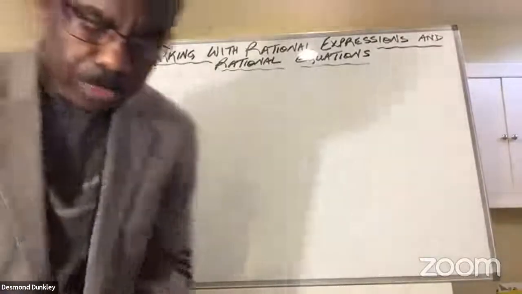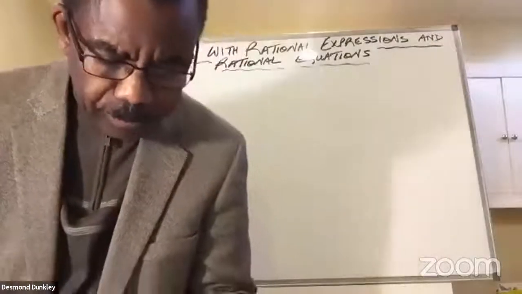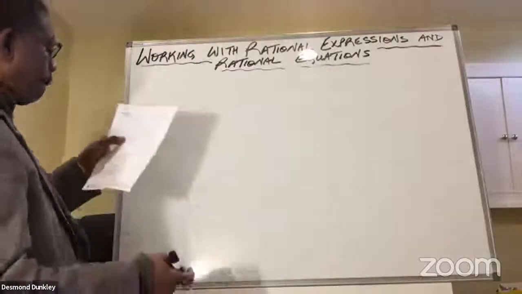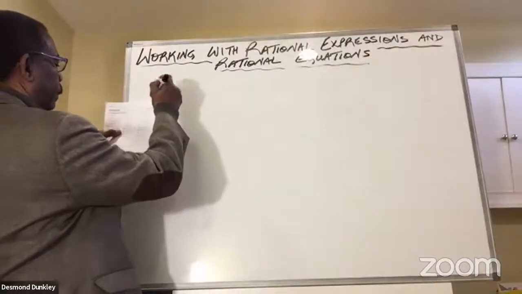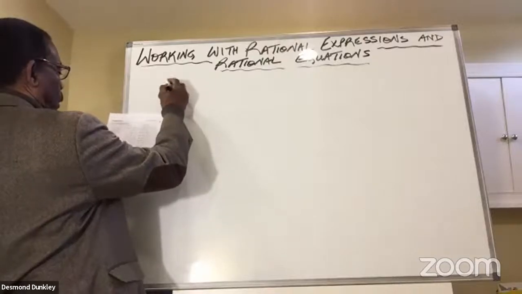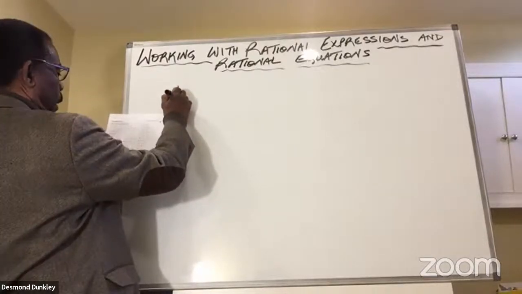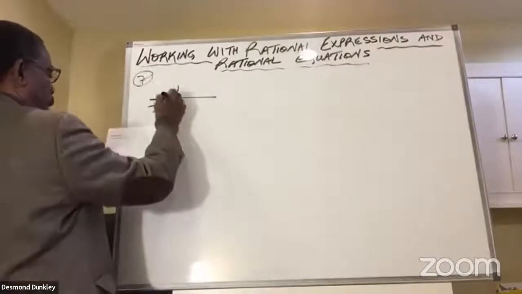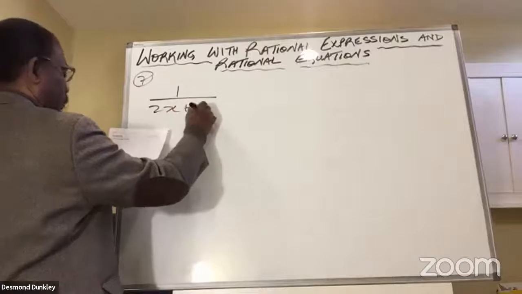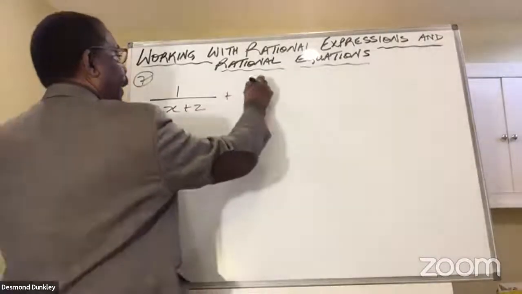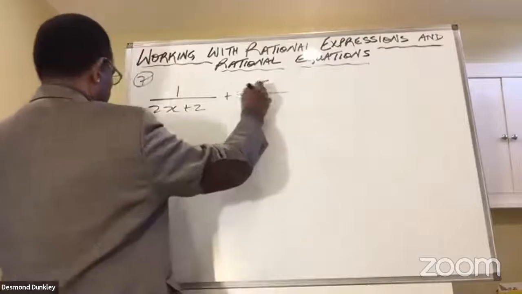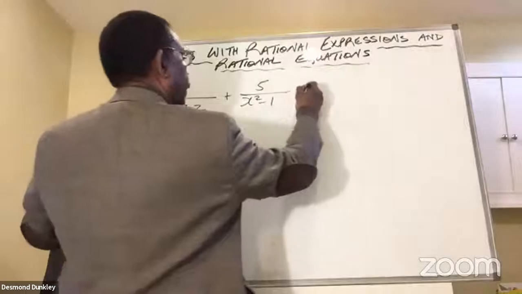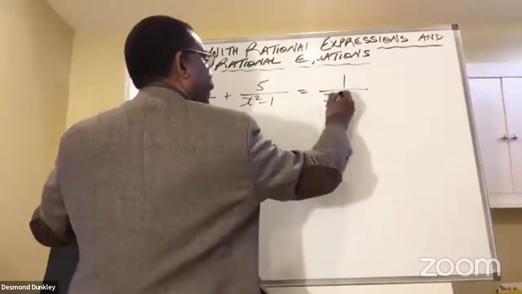Okay, I'm not sure what number we're on. Let's call it number 7. So let's go. So 1 over 2x plus 2, plus 5 over x squared minus 1 is equal to 1 over x minus 1.